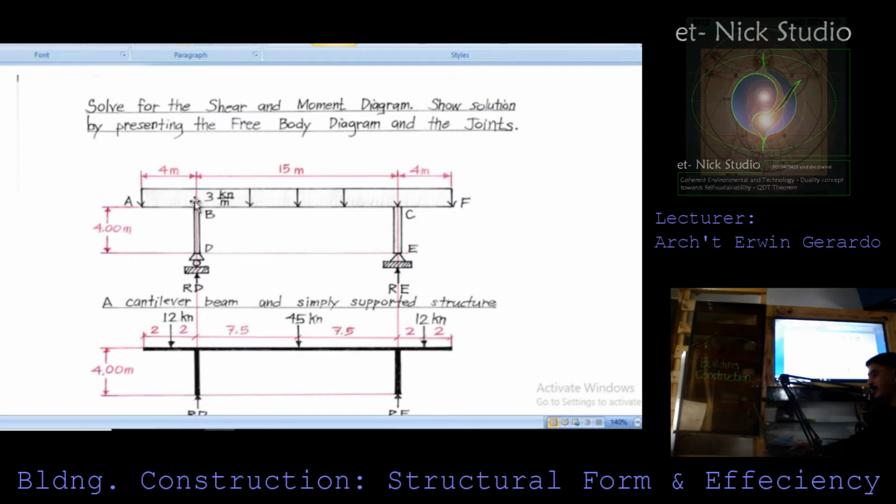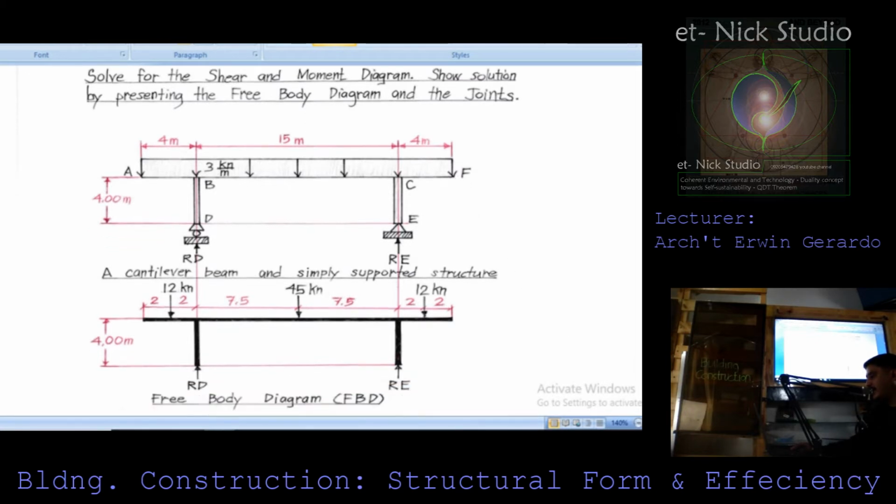Take note that the 4 meters from the strut or column extends 4 meters until it reaches joint A. The height from the roller is 4 meters. The simply supported beam here has a span of 15 meters. At the other end of the structure, there is still the same cantilever length, which is actually 4 meters.